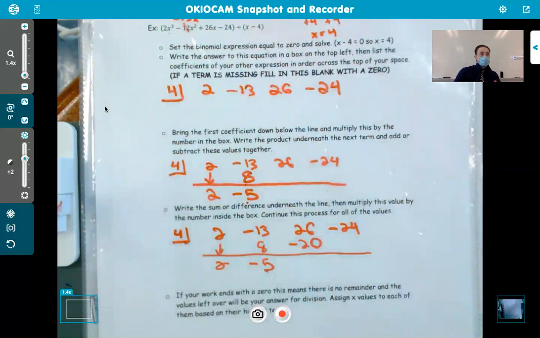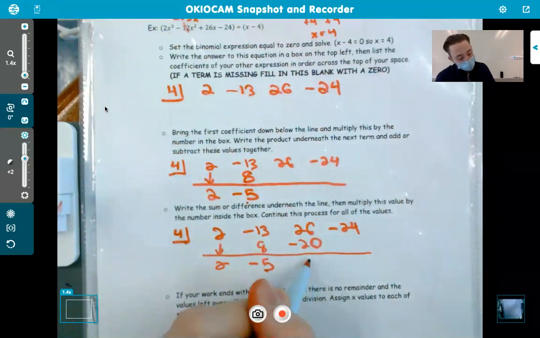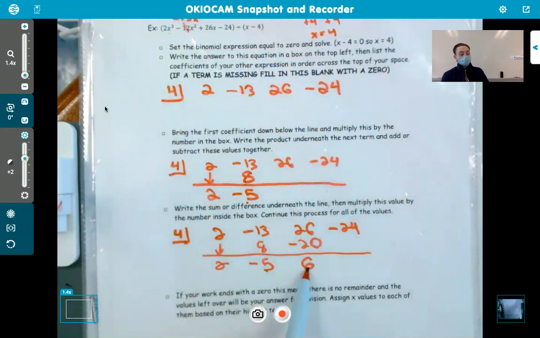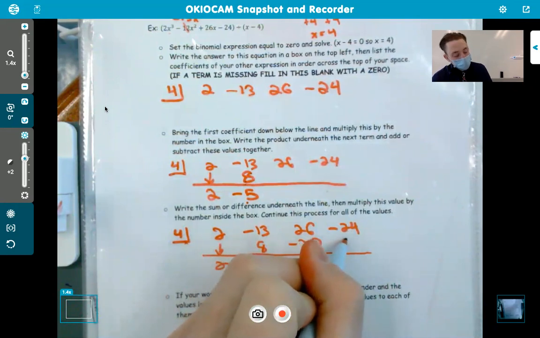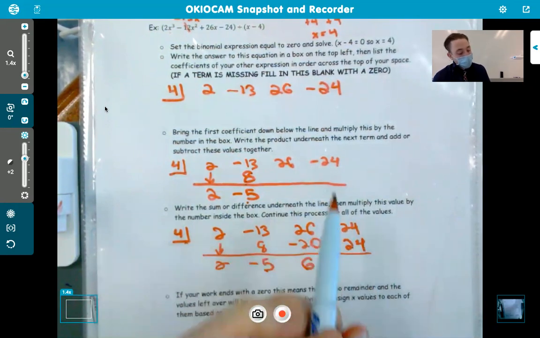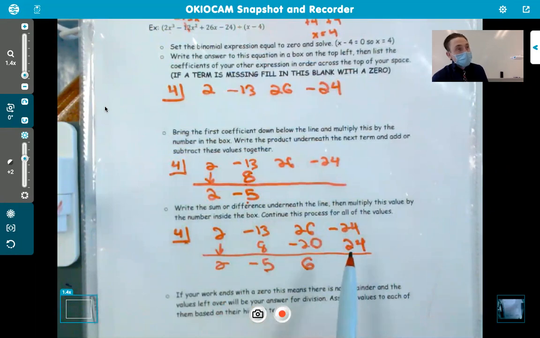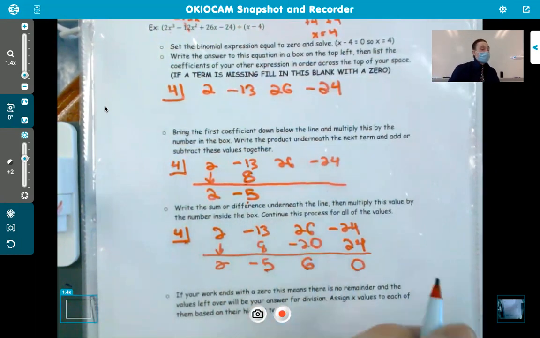So what's 26 minus 20? 6, good. What do I have to do with this 6 and the 4? And what's 6 times 4? 24. What's negative 24 plus 24? 0. All right, let's pause right there. Are there any questions about this process so far?